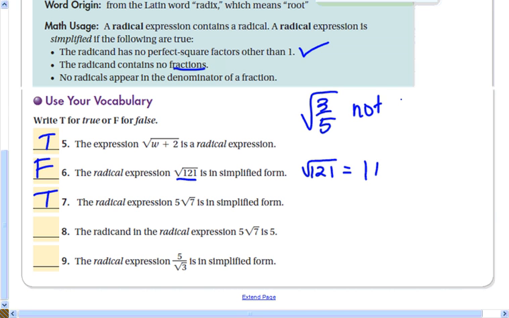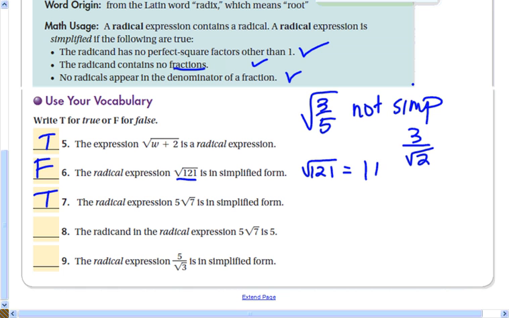And no radicals appear in the denominator of the fraction. So another example of not simplified would be something like this: 3 divided by the square root of 2. That's not simplified. So we're going to learn how to simplify those in this lesson.